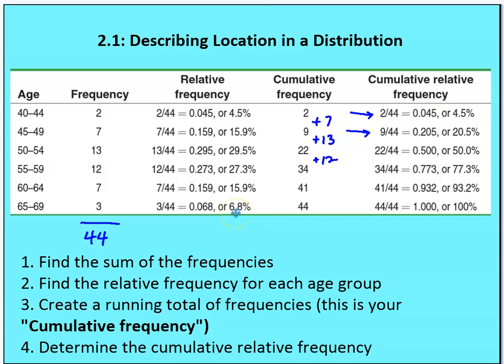Sometimes you might end up with a cumulative relative frequency, depending on how many digits you're extending to, of plus or minus 100th of a percent. So it's not always going to be 100%, but should be very close. All right, so we're going to create a running total of the frequencies. This is a cumulative frequency, and then we're going to use that information to determine the cumulative relative frequency based on a given age.